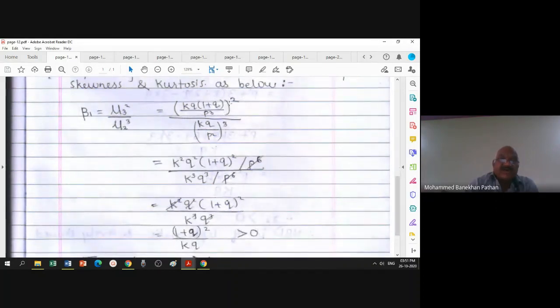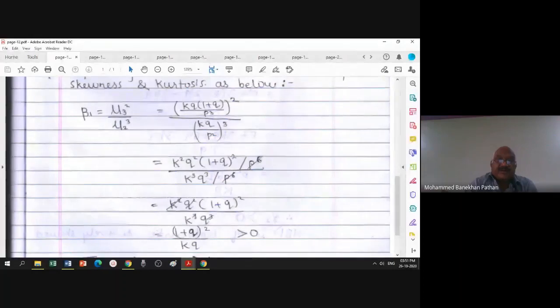Take the square inside. So it will be simplified as K square Q square, 1 plus Q whole square, and the total divided by P raised to 3, and the square of that is P raised to 6. Similarly, in the denominator, you will get the term K cube, Q cube and P raised to 6.